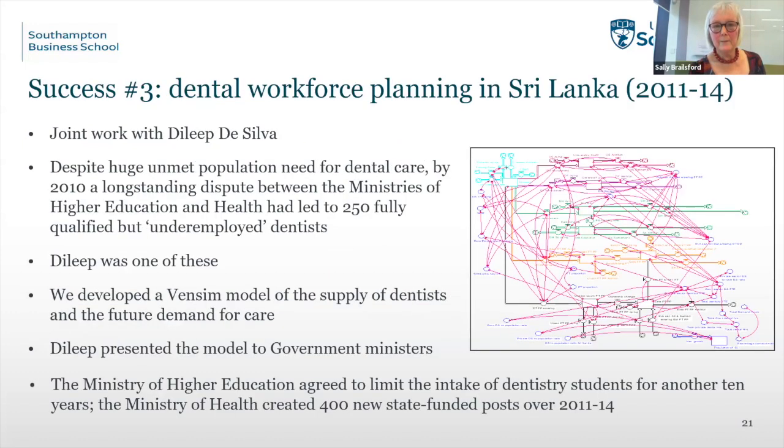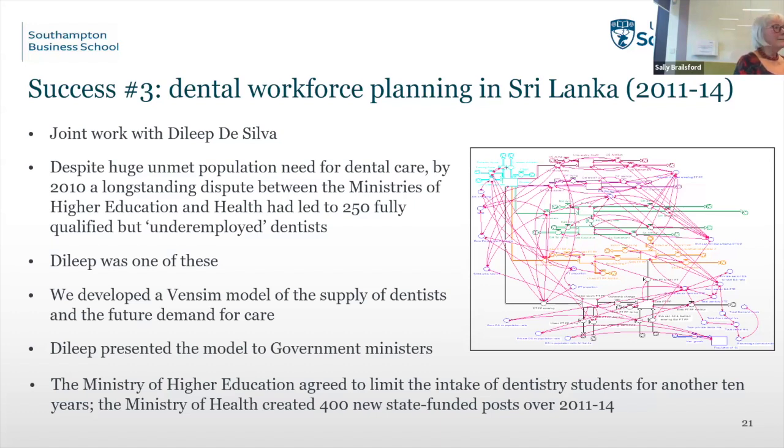My third one has been published, and this was a PhD project with a student who was a qualified dentist. They'd had this problem where it was basically a political argument between two ministries. The Ministry of Higher Education provided free education, even dentistry, which is the most expensive course you can do.